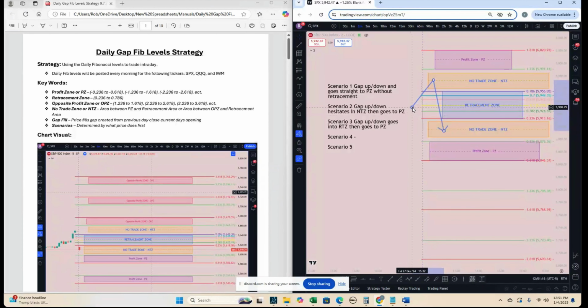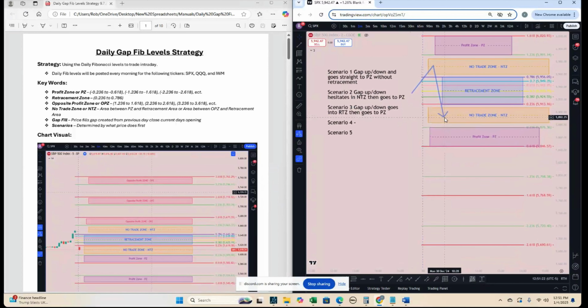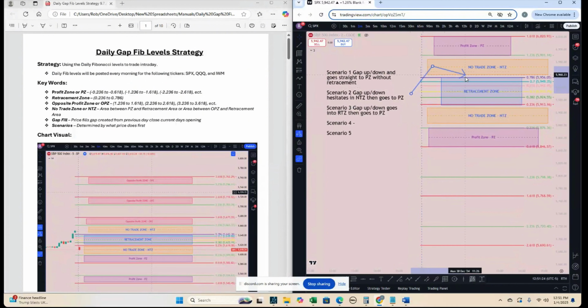Instead of hitting the profit zone, we may even do this little thing in which we move in here, but we fill the gap before we hit the profit zone. Same thing, gap down, may do this thing here, and then we fill the gap.